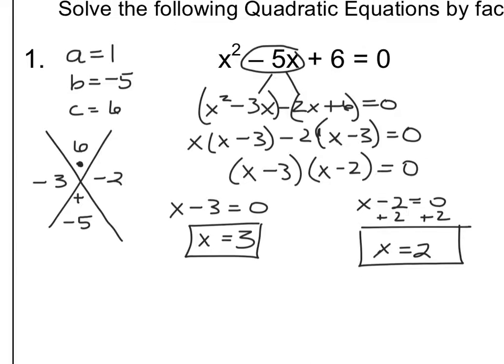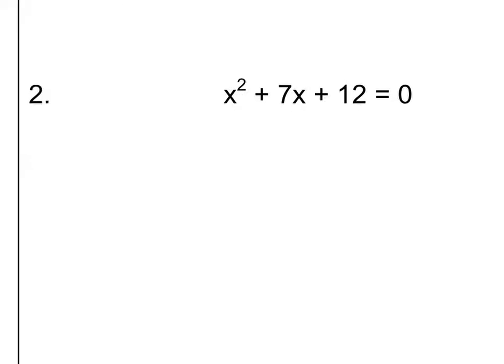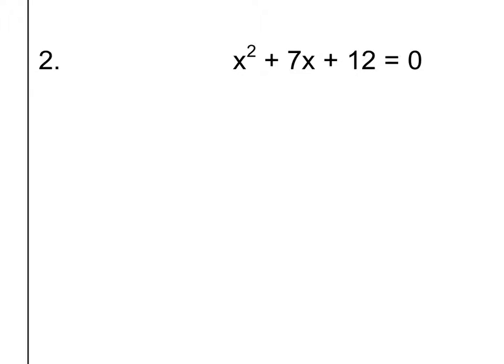Okay, let's take a look at this next example. Again, the first thing I always want to check is: is it equal to 0? In this case, it is. So the first thing I want to do is identify A, B, and C. In this case, A again is 1, B is 7, C is 12.